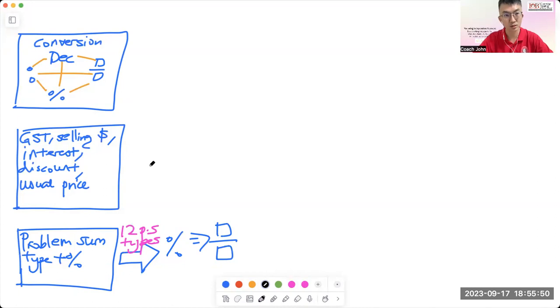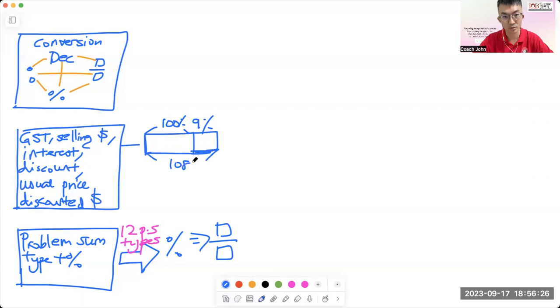Next, when it comes to GST, selling price, interest, discount, and discounted price. Let's start off with GST. Say it's 9%, and the original amount is 100%, so the total is 109%.